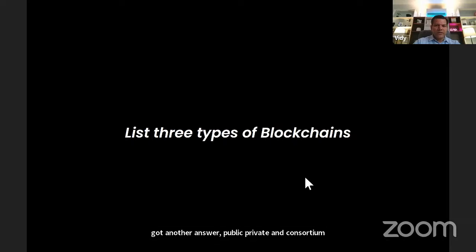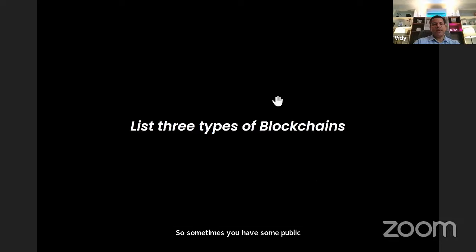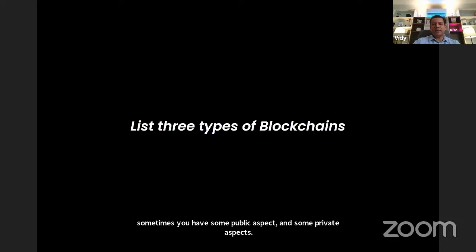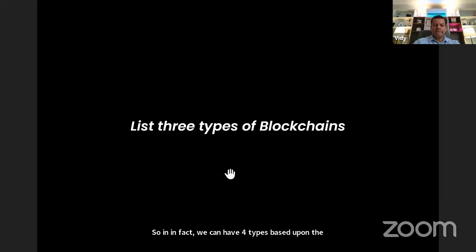Private, hybrid, and consortium. Public, private, and consortium. Okay, so I think it could be a mix. Public and private are definitely 2 different categories. Consortium is the 3rd category, and a hybrid could be considered as a mix of both. So sometimes you have some public aspect and some private aspect. So in fact, you can have 4 types based upon the answers that you have got here: public, private, hybrid, and consortium.